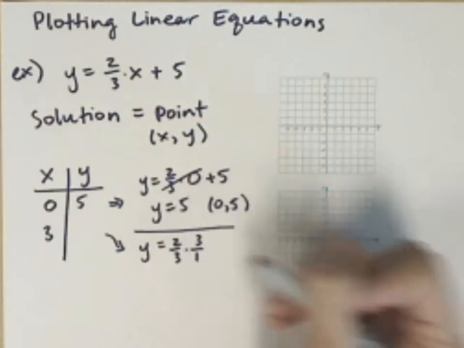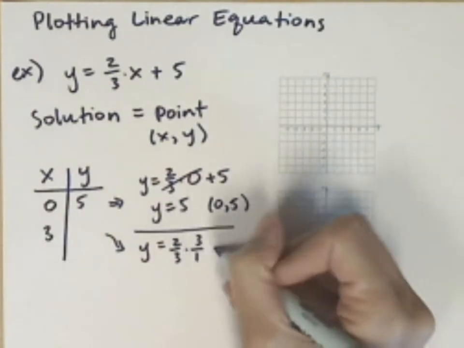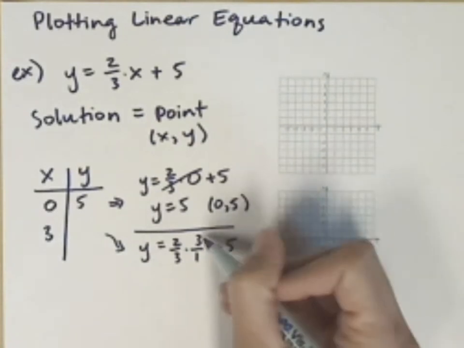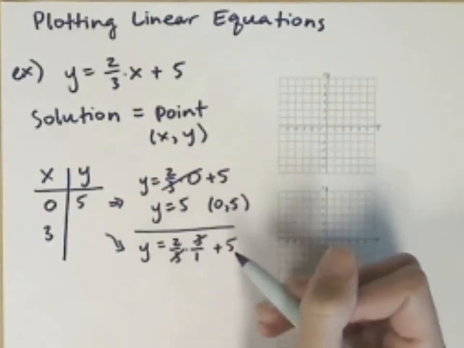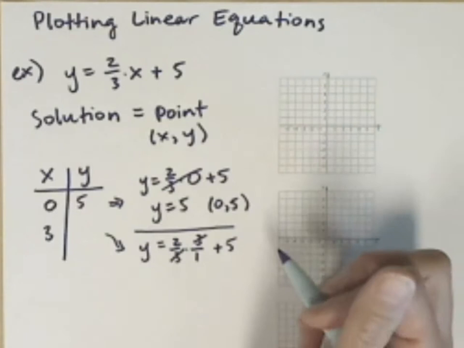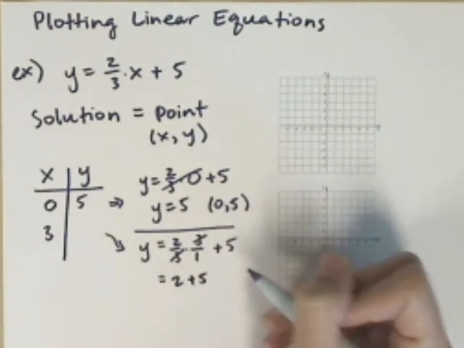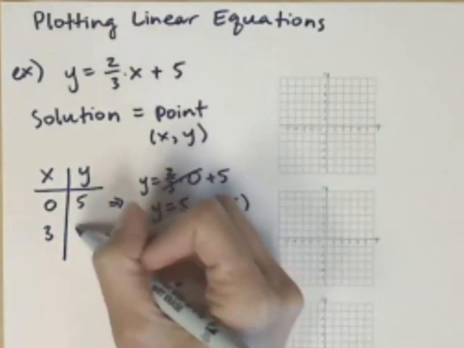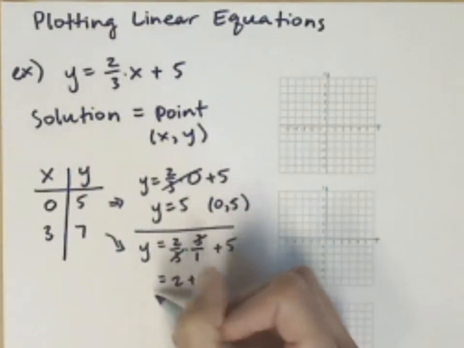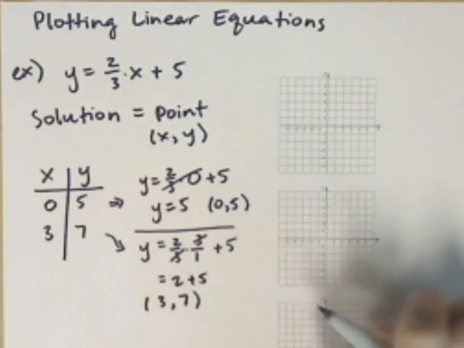Put that over 1 so you can keep everything straight, plus 5. Now I chose that because these 3's cancel. 3 divided by 3 is 1, and I end up with 2 over 1, or just 2 plus 5. Here's my second point. So my second point is 3, 7.